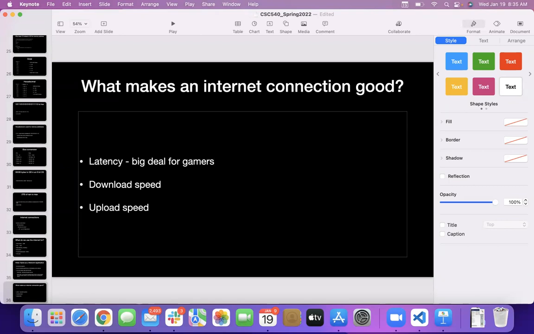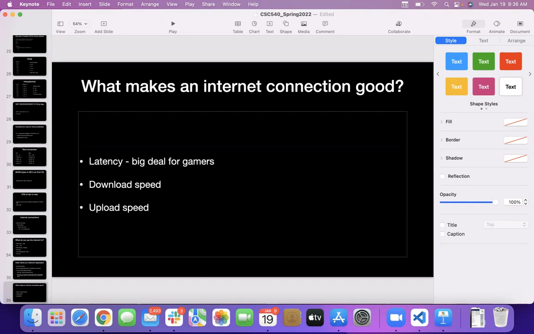Okay, so to a Call of Duty player, if they're paying for internet, they would much rather pay for really low latency internet that maybe has a lower download or upload speed than pay for a really fast download speed with middle of the road latency. Okay, all of our modern internet connections have reasonable latency for the general use of the internet.